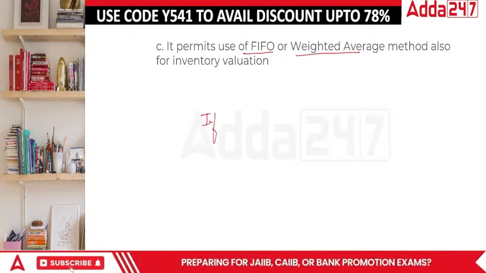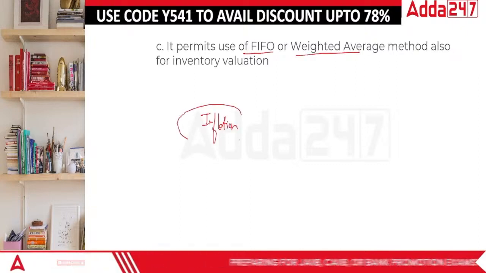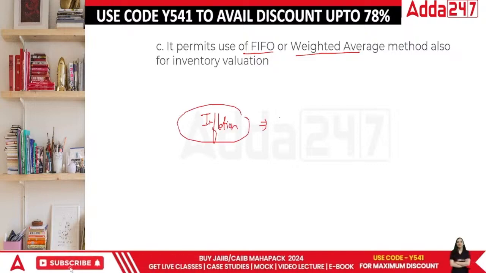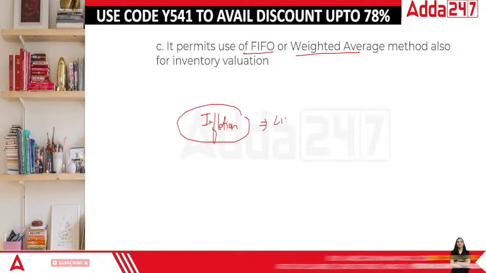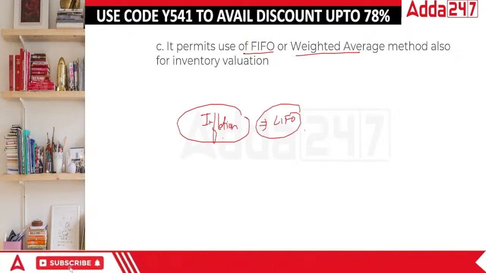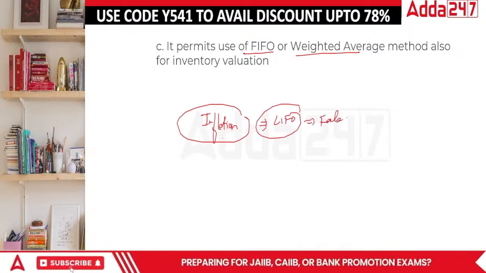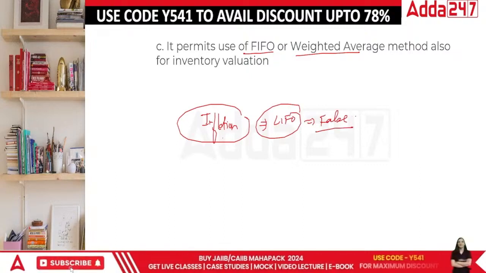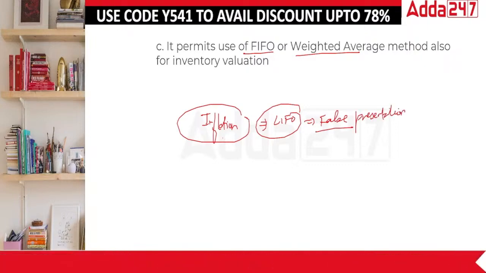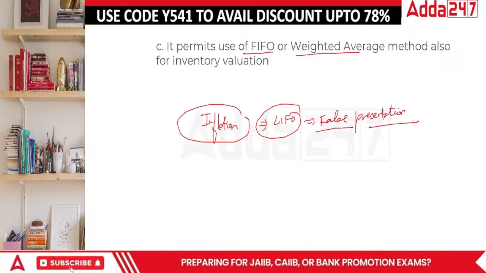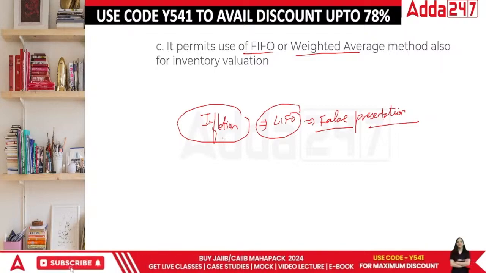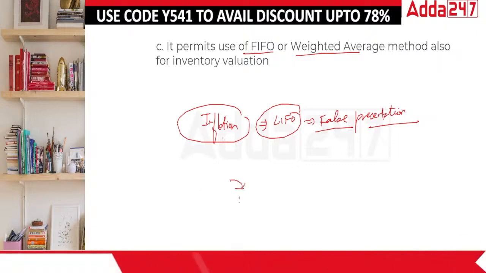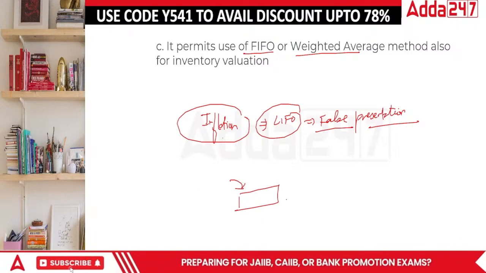Problem is, in terms of inflation, which is a common problem in India, inflation doesn't cover the LIFO method, because LIFO during inflation gives false presentation. I won't say it's fraudulent, but it is just too much exaggerated, which is definitely wrong. LIFO is last in, first out. The last good that went out, due to inflation, its value was too high.